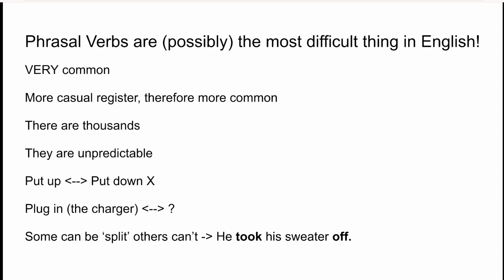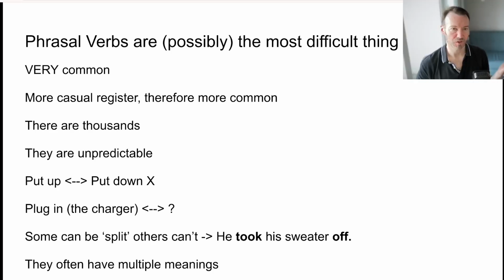They must stay together. And finally, what makes it difficult is that they usually have multiple meanings. Already in this video I mentioned speak up, which has two main meanings: one is just to speak louder, and one is to object to something.